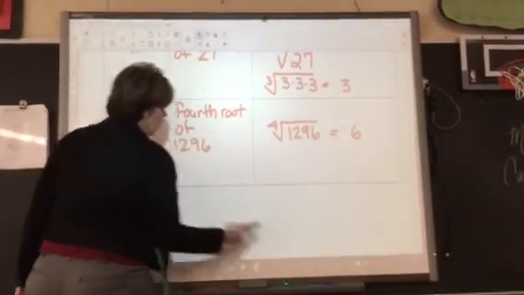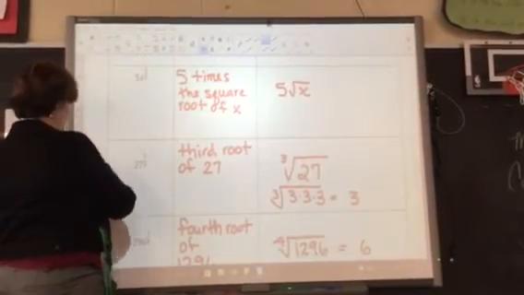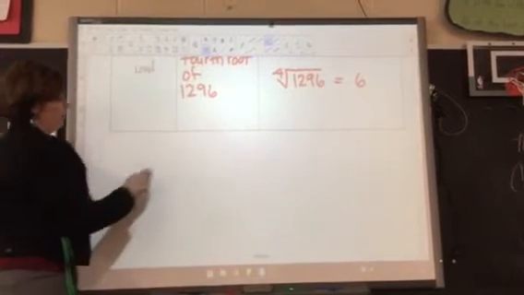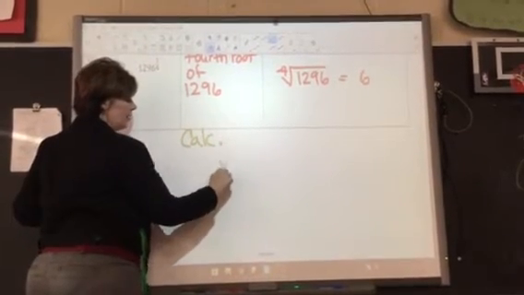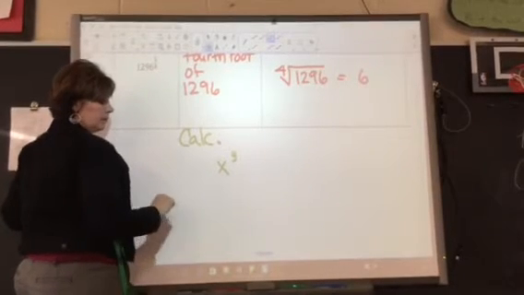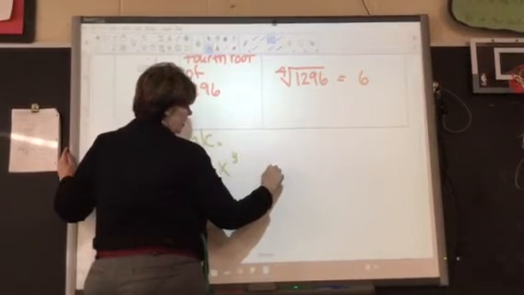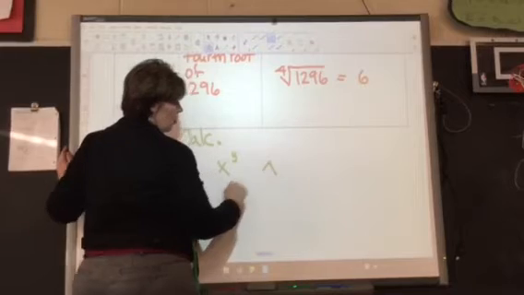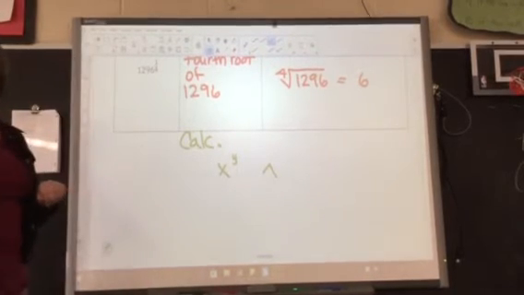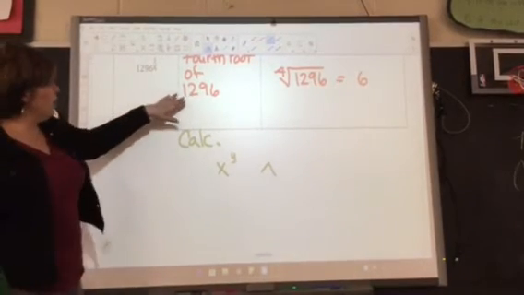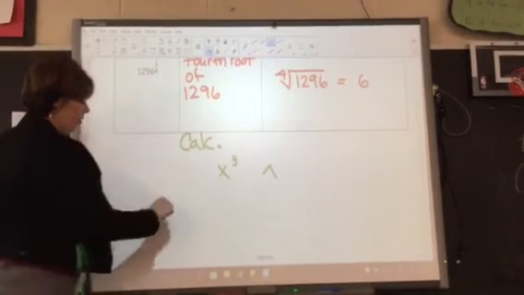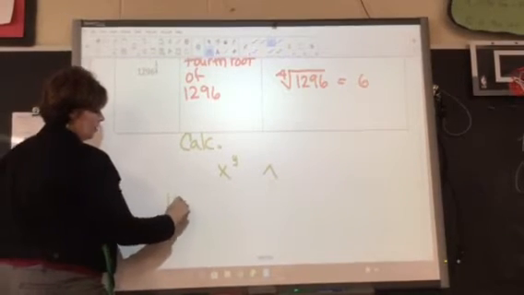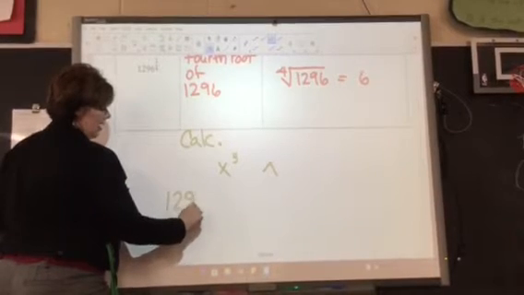Okay. So depending on the type of calculator you have, let's talk about calculator functions really fast. So for your calculator, you either have a button that looks like this. You may have a button that looks like this called the caret, right? So if I wanted to find 1,296 to the 1/4 power, in my calculator I can push in 1, 2, 9, 6.